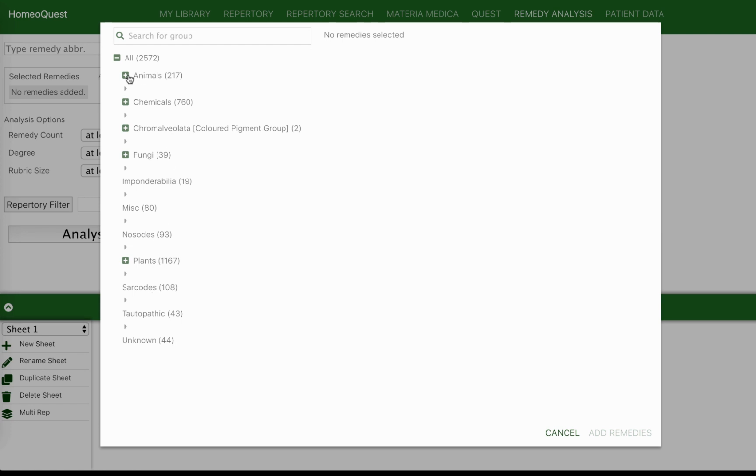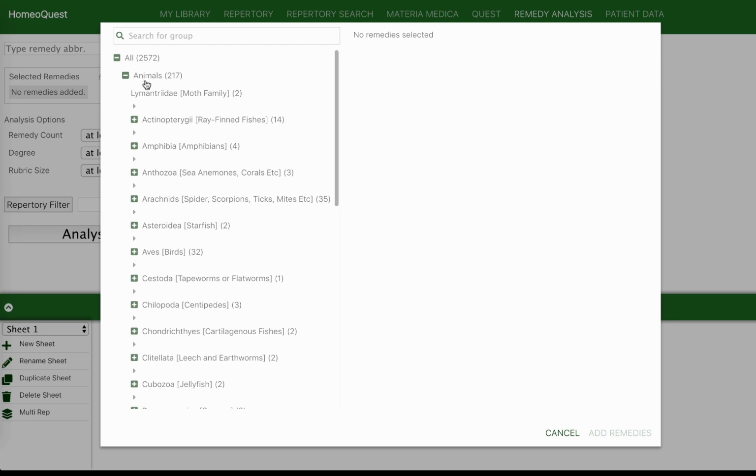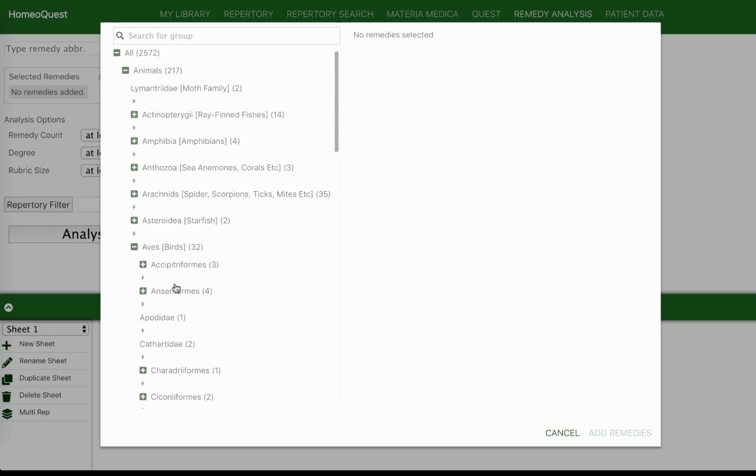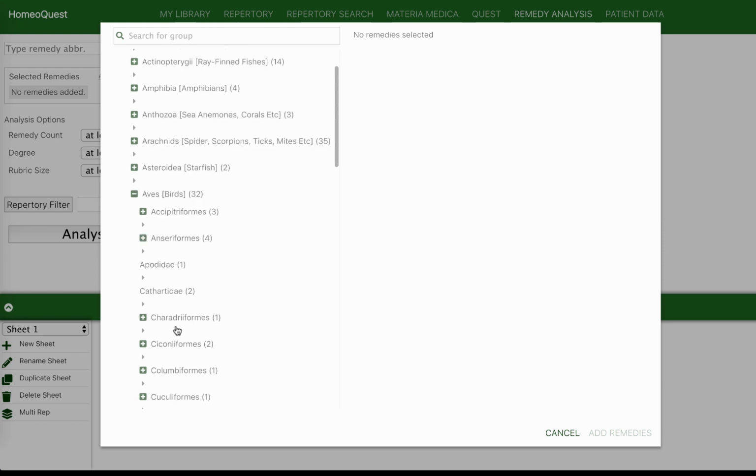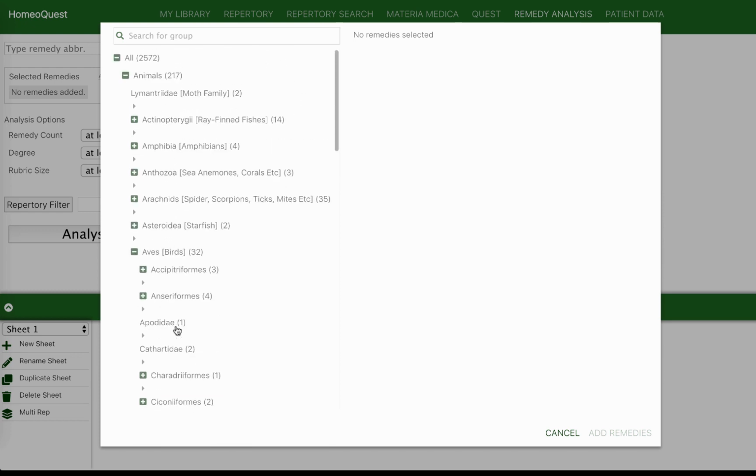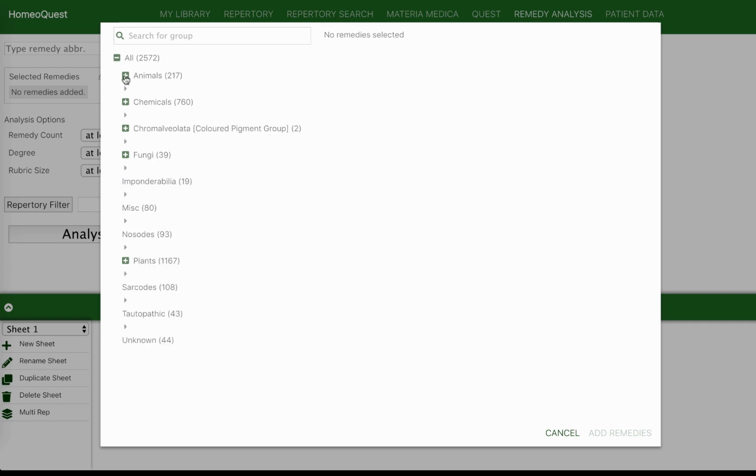If you click on a particular group, say animals, you can see all the different animal species, and within each species you can see subspecies and so on. Lots of zoological, botanical names in there. You can just collapse that.